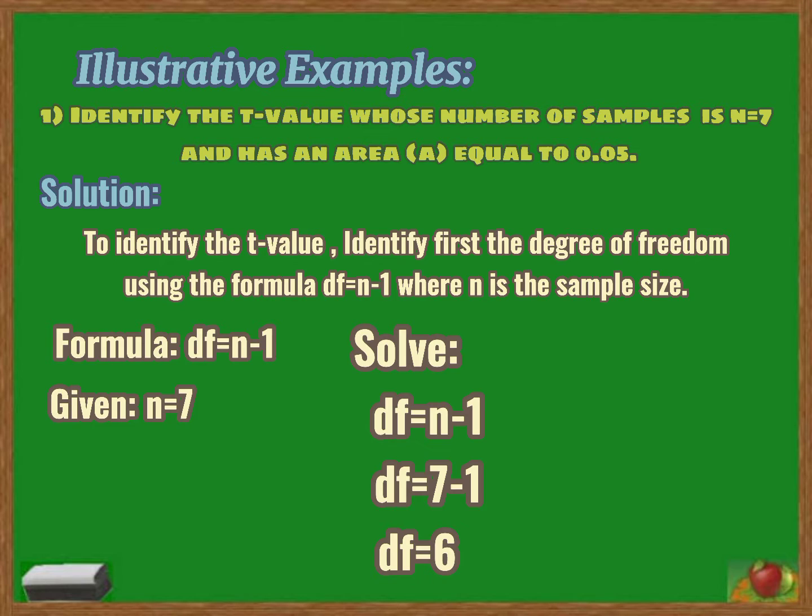Substitute first the given value, so df equals n minus 1, and the given is 7. So n minus 1 becomes 6, so the degree of freedom is equal to 6.